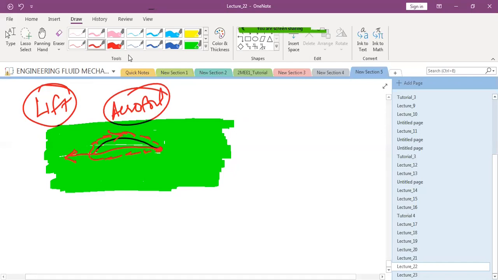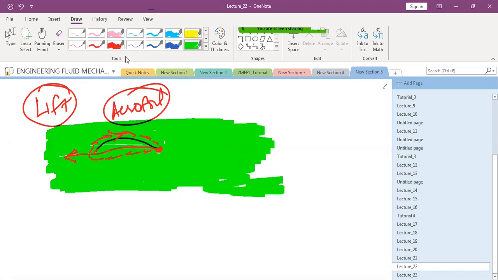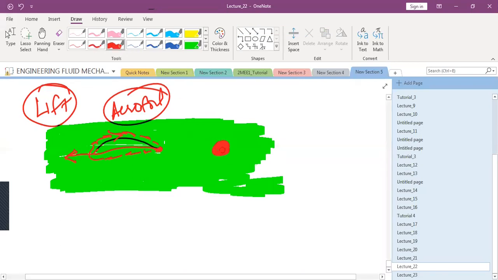If you carry out this experiment at home, if you have some object and you move it through water like this, what do you see at the back? Vortex. How does the vortex look? Like this.